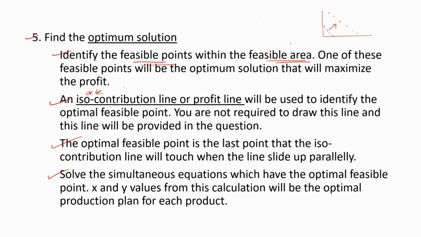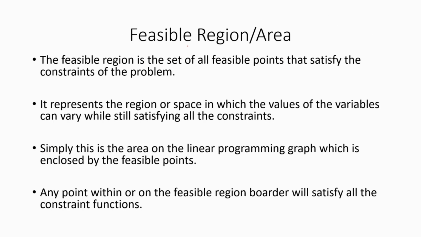There is another new term, feasible area. What is a feasible area? Feasible region or feasible area. The feasible region is the set of all feasible points that satisfy the constraints of the problem. It represents the region or space in which the values of the variables can vary while still satisfying all the constraints.